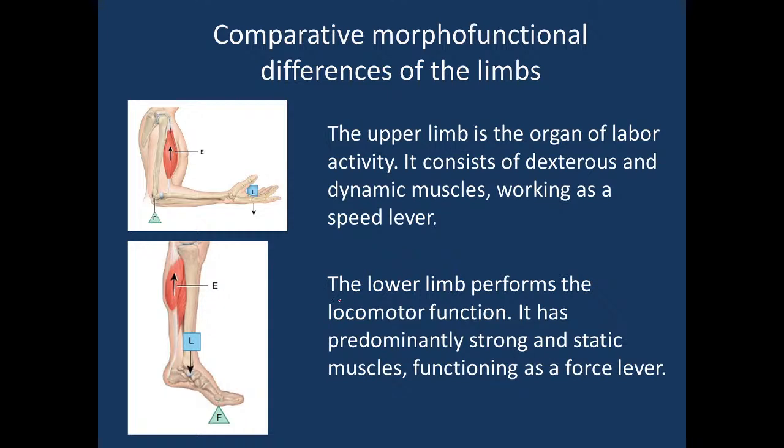In comparison with the lower limb, it performs the locomotion function, and it has predominantly strong and static muscles. They work as a force lever, and we have big power, but we lose the speed in movements.